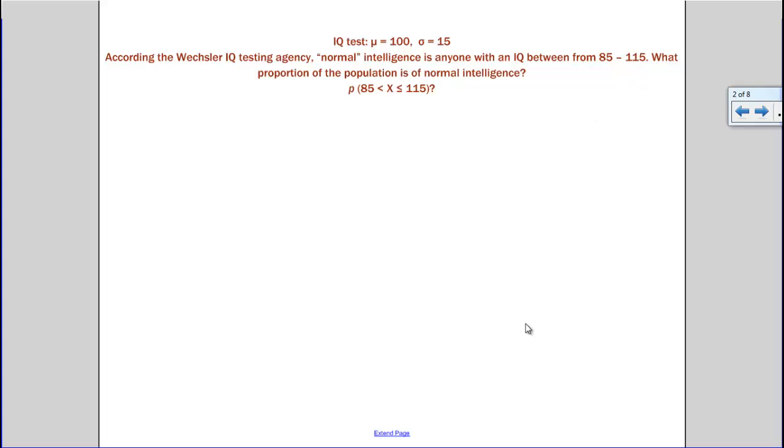All right, so the first thing that we need to do, remember, we're given x values here. So we need to take these x values, convert them into a z-score, and then figure out the probability using the unit normal table. Now in this case, we have two specific x values that we are interested in.